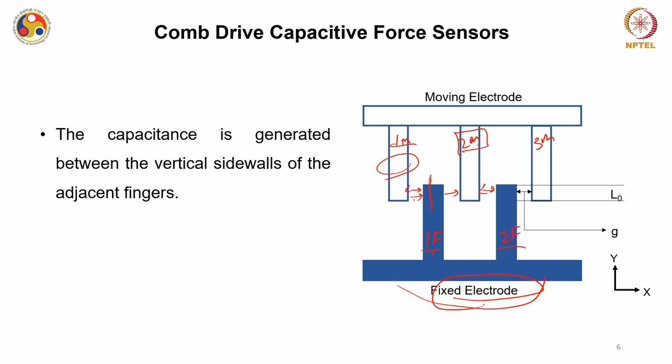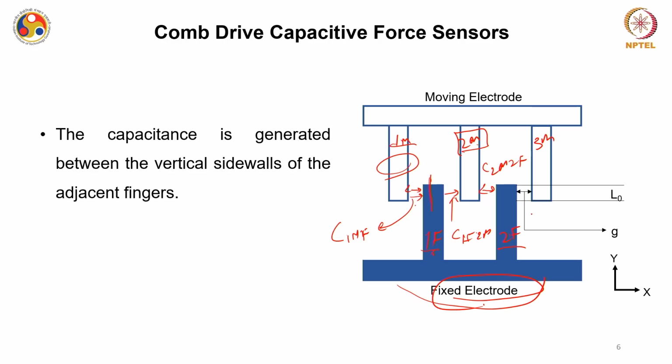So I have, say, capacitance C1M1F, which is forming here. I also have a capacitance C1F2M. I also have a capacitance C2M2F, right?